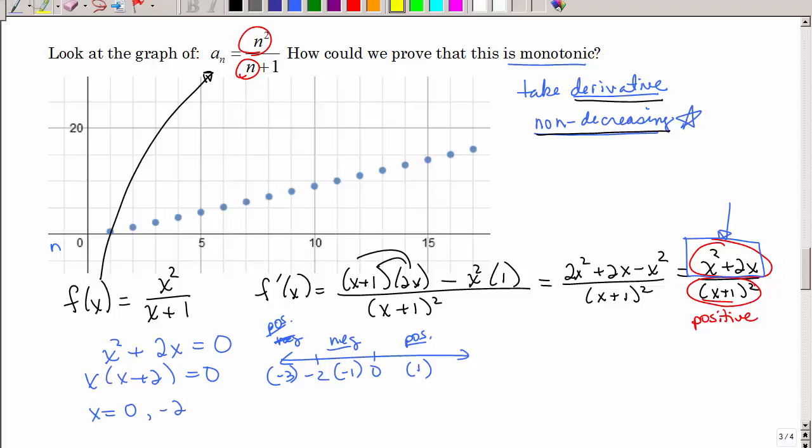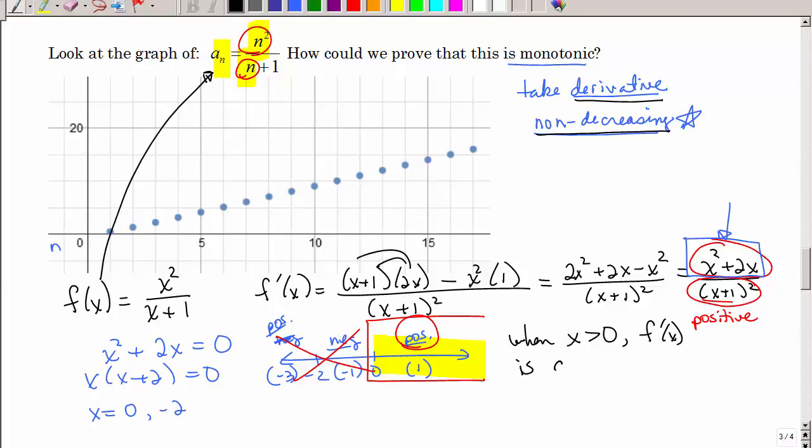But remember, for our sequences the domain is natural numbers, bigger than 0. So all we care about is this part. We don't care what happens there. We just need to know that when x is larger than 0, our derivative is positive, which means our function is increasing. So let's write all that down. When x is greater than 0, our derivative is always positive.